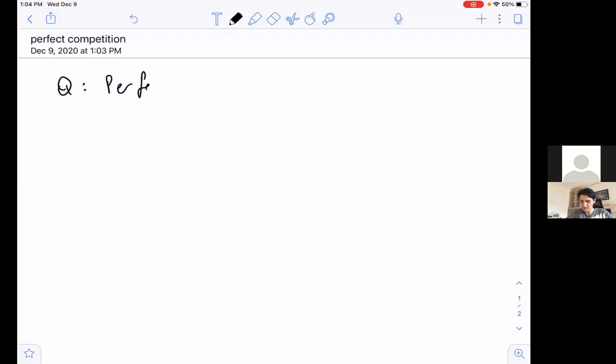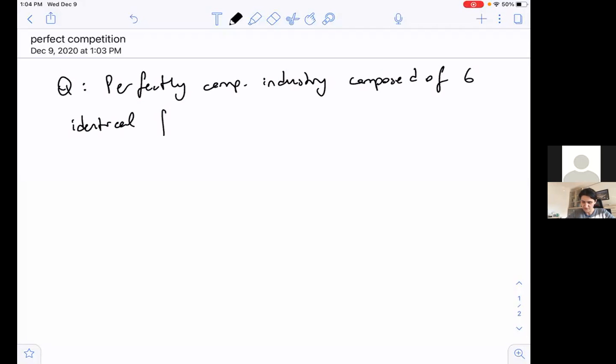There's a perfectly competitive industry which is composed of 6 identical firms that produce widgets.